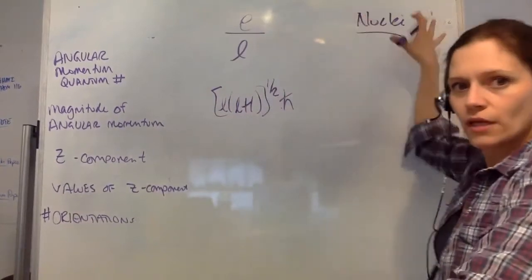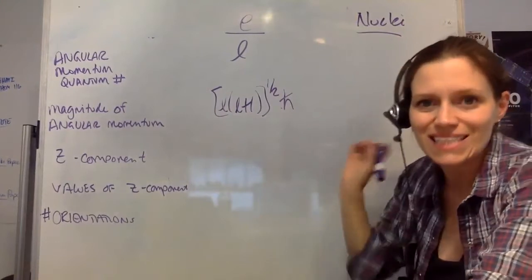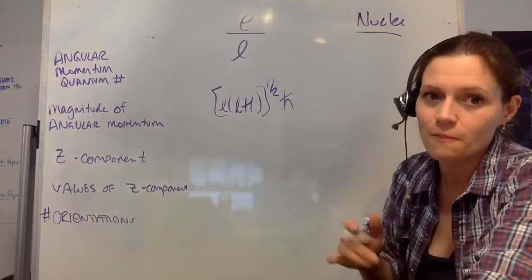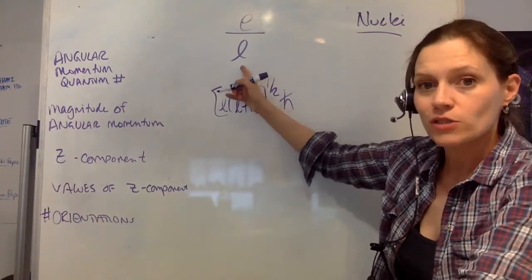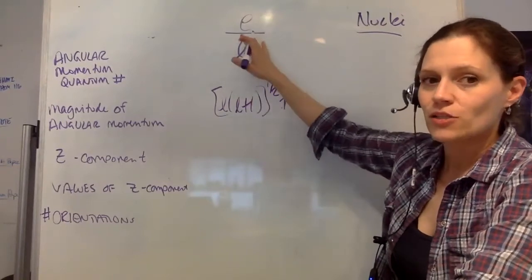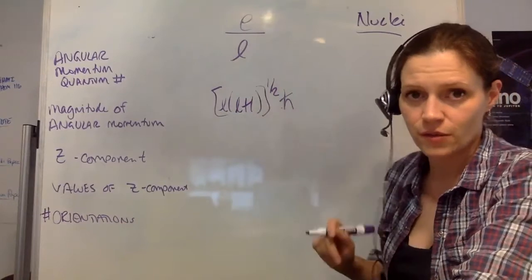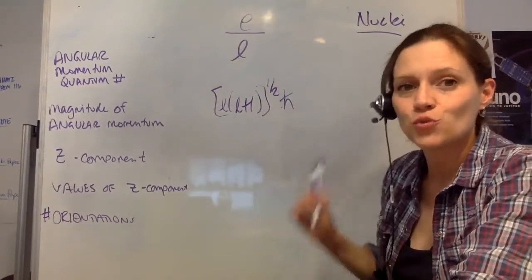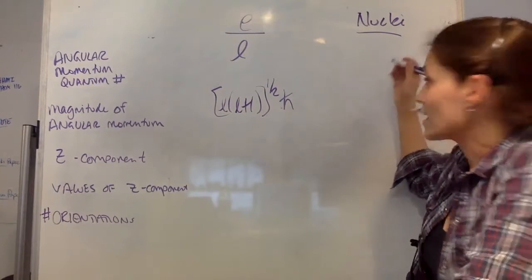Now, instead of me deriving all of that, know that you can do the exact same thing with nuclei. The difference here, this is the orbital angular momentum quantum number. Electrons also have the intrinsic quantum number S, okay? We are looking at the intrinsic quantum number I, in this case for nuclei.